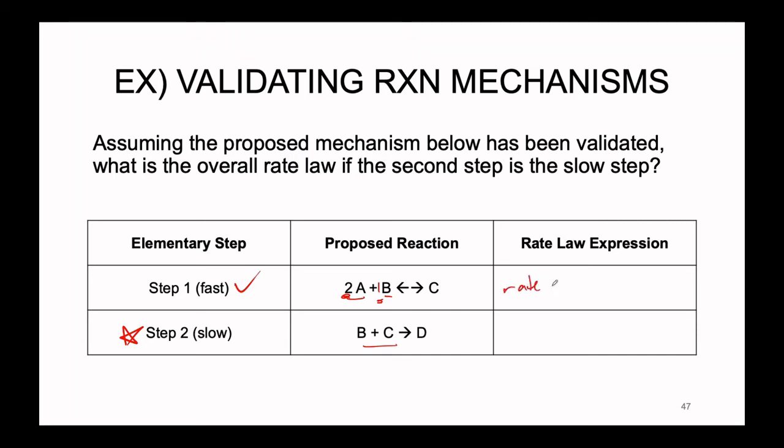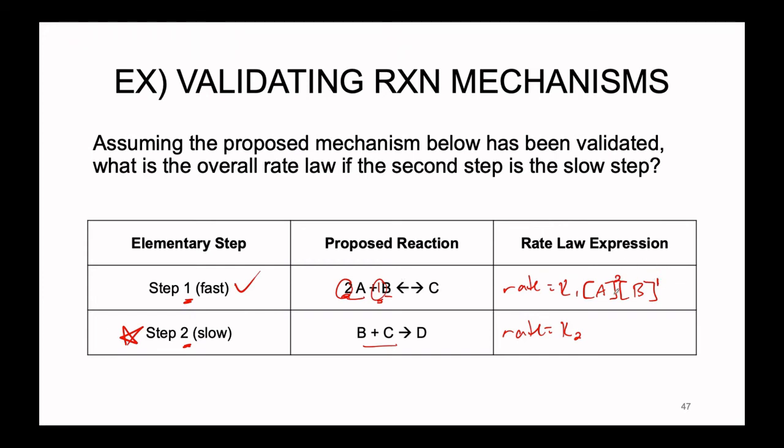So the rate law expression, again, as always, rate is equal to some rate constant k. And again, I'm going to have a subscript of 1 and a subscript of 2 since these are steps 1 and 2. And the rate constant k is going to be multiplied by each of our reactants. In this case, we have reactant A and reactant B. And the A and the B will be raised up to the stoichiometric coefficients that they have in front of them in our overall chemical equation.